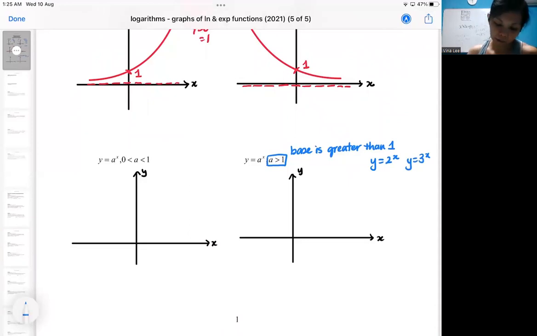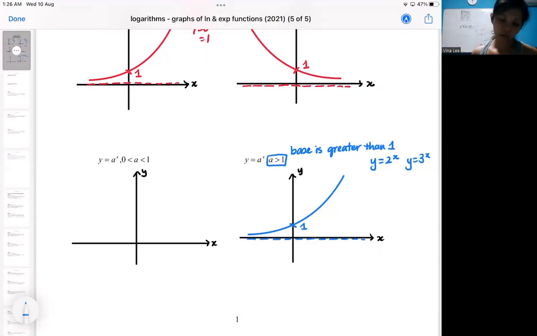In that case, it will be upward sloping. Same thing, you put in x equal to 0, you will get a y-intercept of 1. It comes with a horizontal dotted line. You will not know how to calculate the horizontal dotted line at the moment, so you just need to take note that for exponential, there is a dotted line at the x-axis.